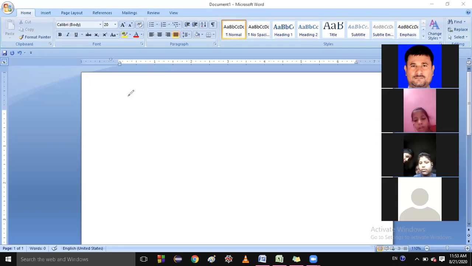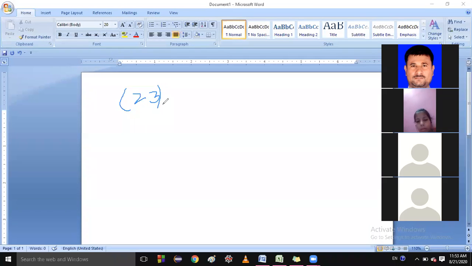Today I will convert octal to decimal. Suppose I have this number 2 3, and you know that it keeps the base 8, since it is an octal number, and I need to convert it to a decimal number.